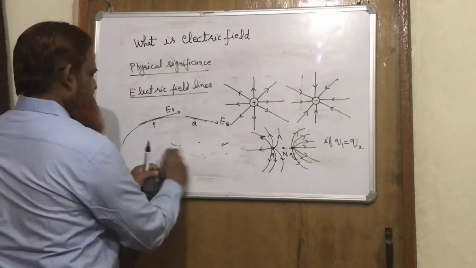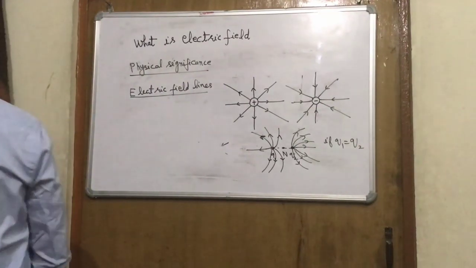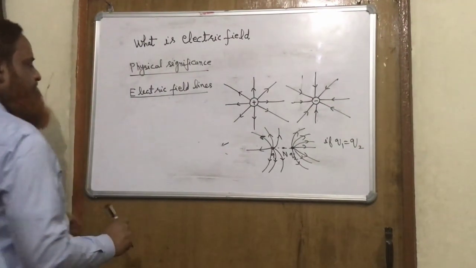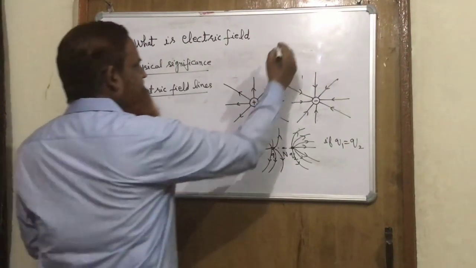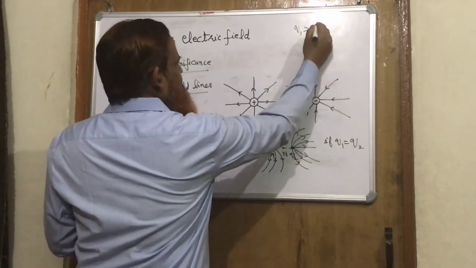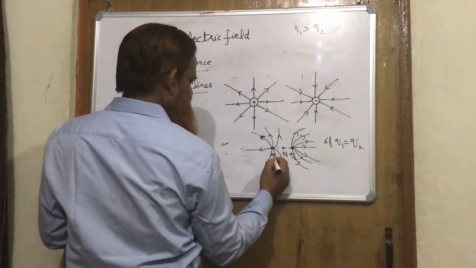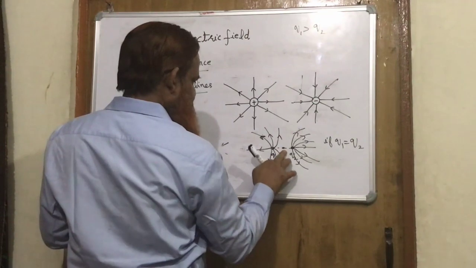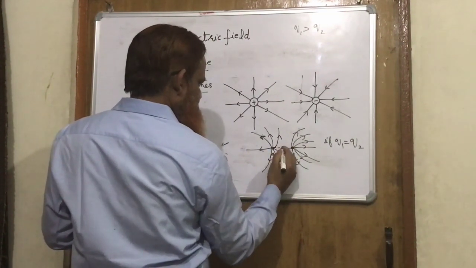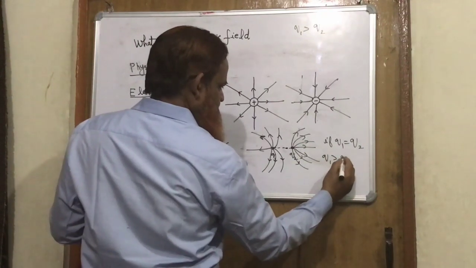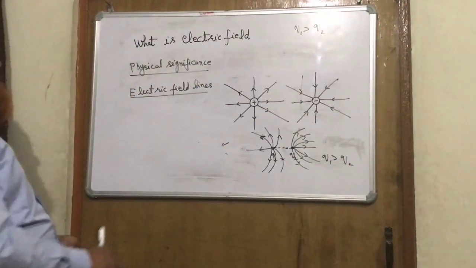Now the electric field lines due to two charges which are not equal. Suppose Q1 is greater than Q2. In the same diagram we can show that if Q1 is greater than Q2, the neutral point will be near the smaller charge.